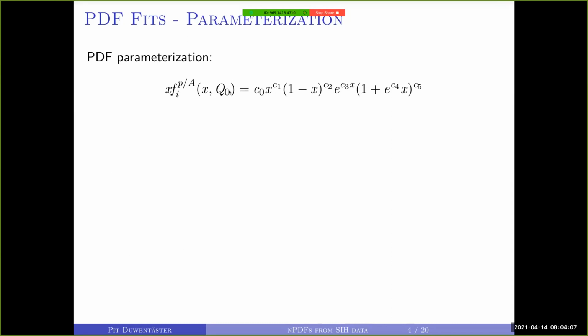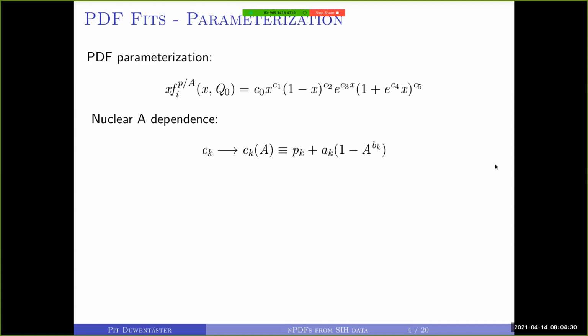Each of these 6 parameters gets a nuclear correction by this parameter A, which depends on the nuclear mass A via this parameter B. And the p parameters are fixed from a proton PDF fit, namely CTEQ6M.